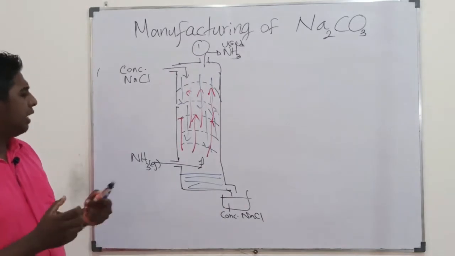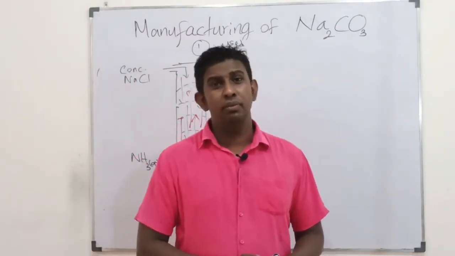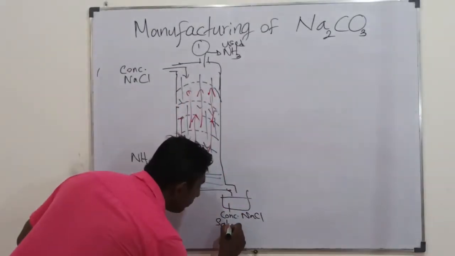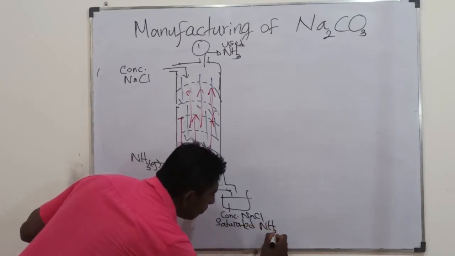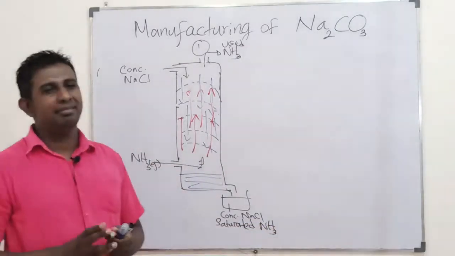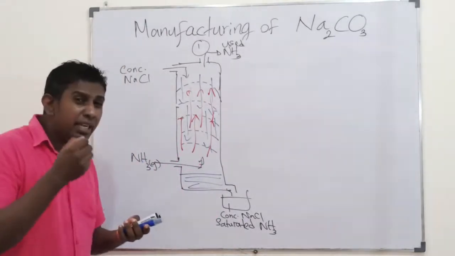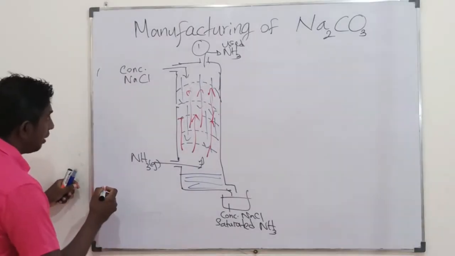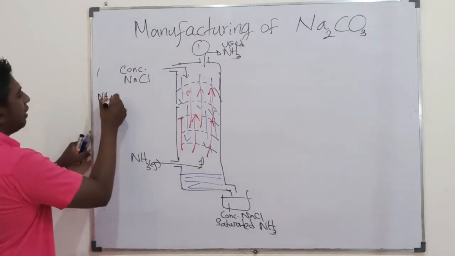Then students, you get a concentrated NaCl solution which has been saturated with what else? Ammonia. So it's the very first step. At the very first step, you would have this reaction being done. Students, it is NH3 dissolving in water.